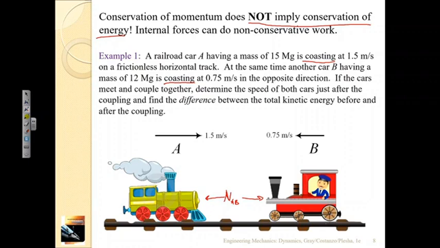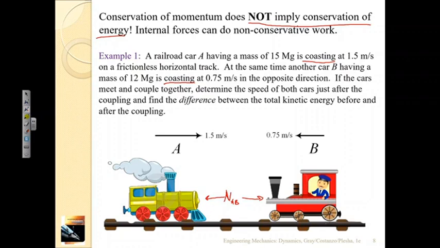So if we plug in, we got a mass of A, we got a mass of B. This velocity of A is 1.5. My velocity of B is minus 0.75. v2 is 0.5 meters per second, and I'm going to give this some direction, positive in the i direction.